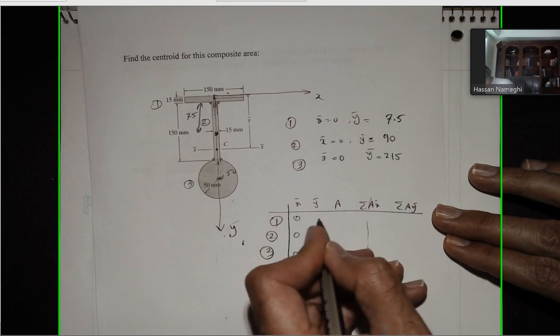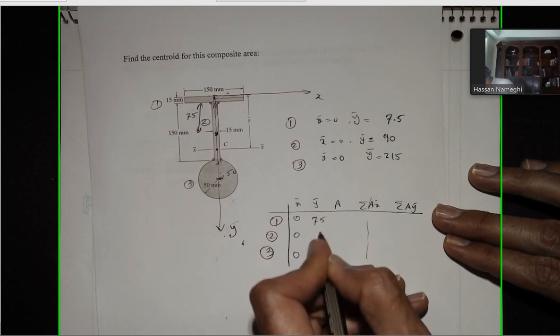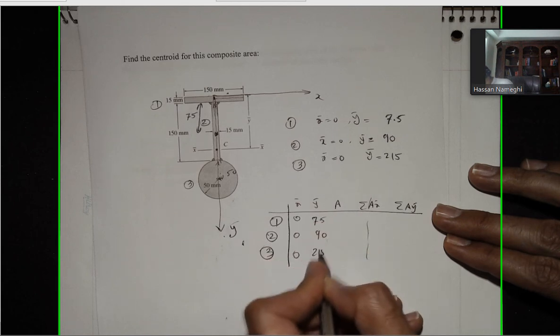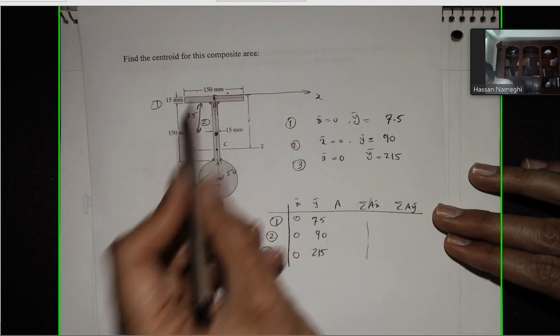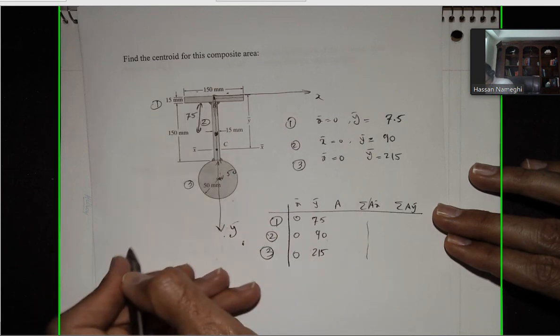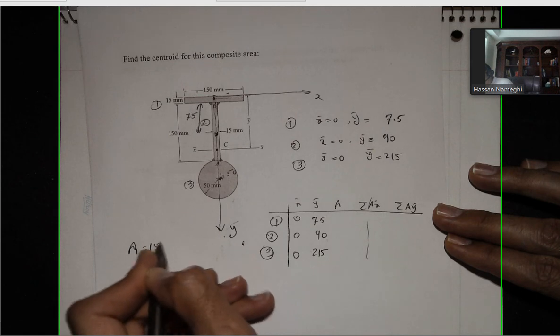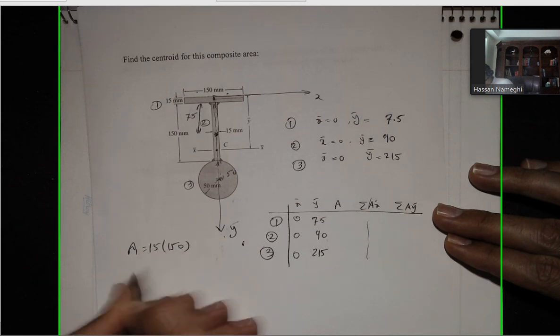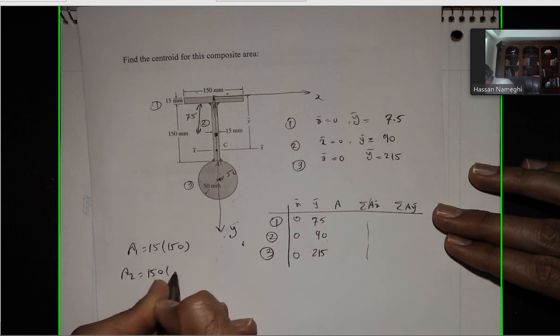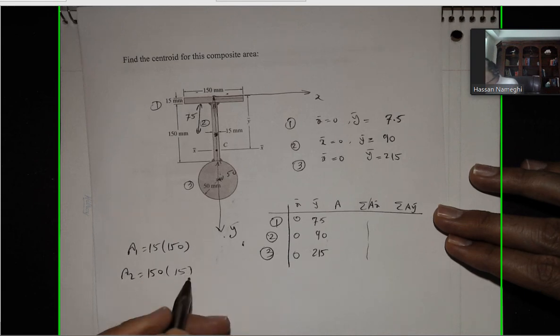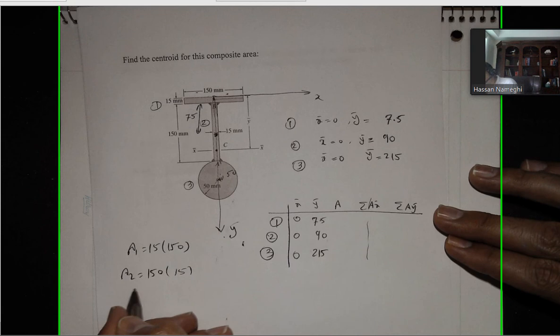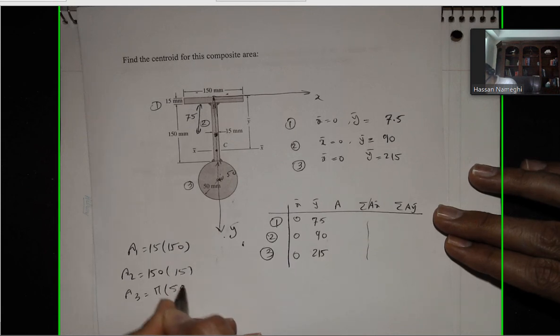So I have 7.5, 90, and 215. The area for the top one, A1, is 15 times 150. A2 is equal to 150 times 15, the same bar but crossed the other way. And then the area 3 is equal to pi times 50 to the power of 2.